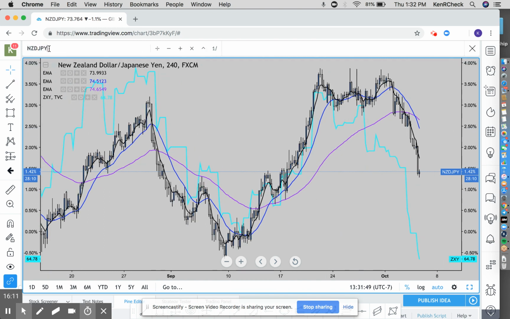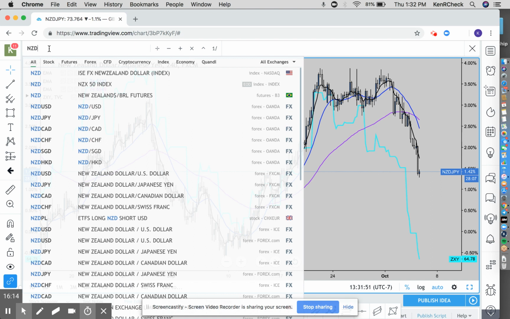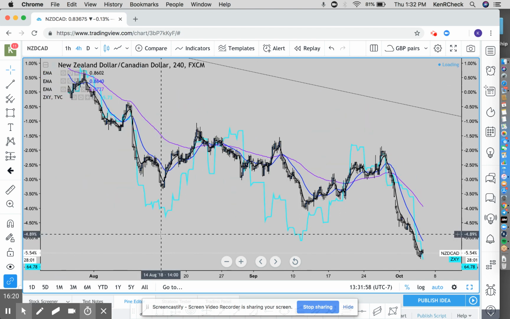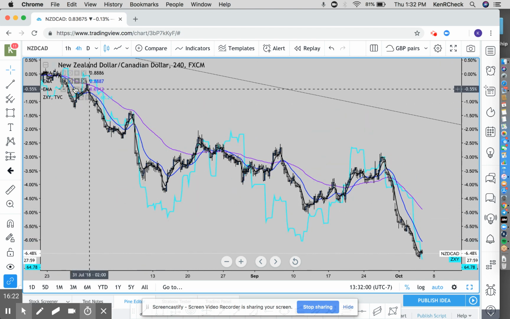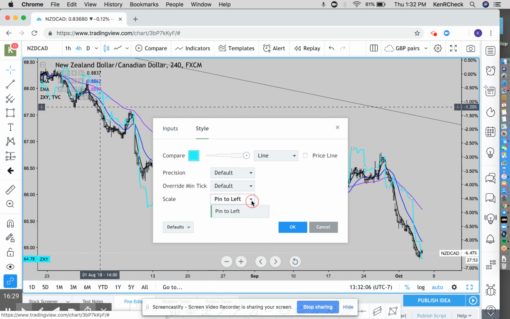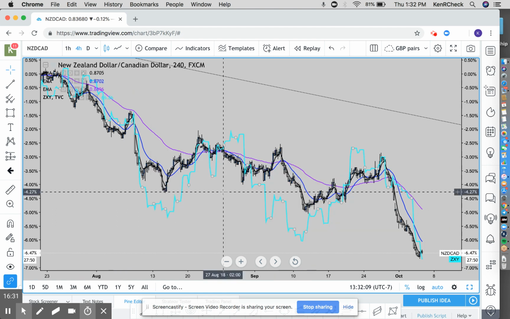So let's look at another NZD. So we could look at NZD CAD. Awesome.